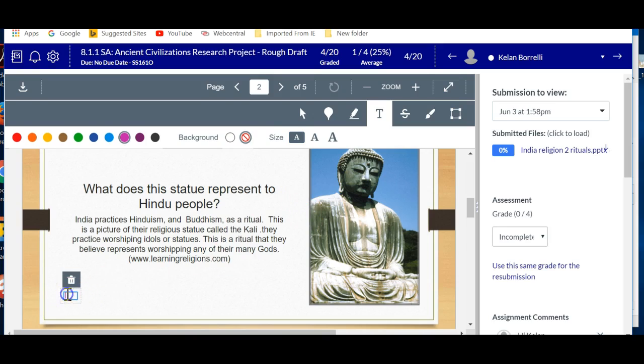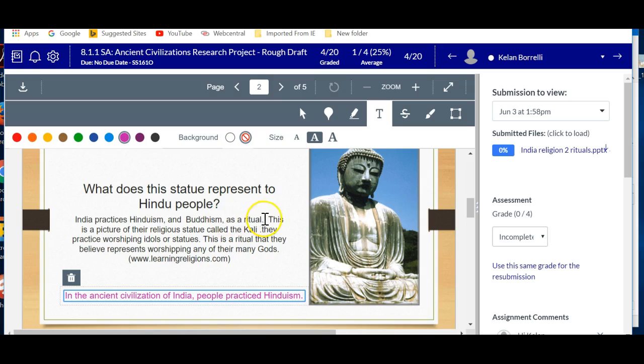In the ancient civilization of India, people practiced Hinduism.